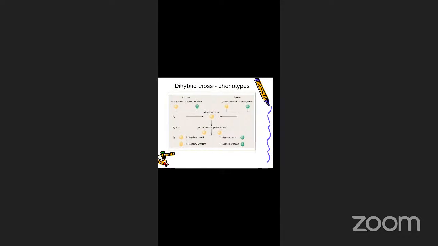Exceptions are there, but normally a trait is controlled by a single gene with two alleles, one dominant and the other recessive. All chromosomes occur in pairs and the genes assort independently. I am not repeating that again. Independent assortment. Okay. So, linkage.